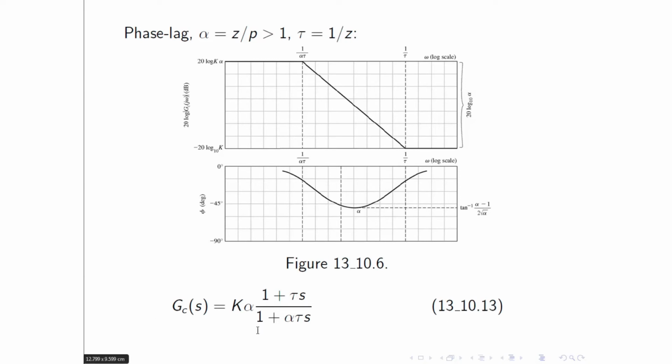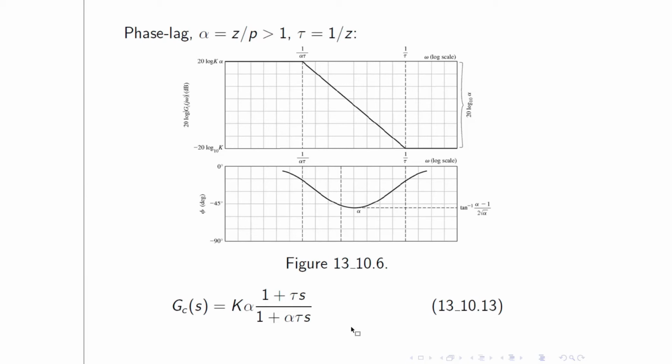I don't particularly like this definition because clearly in this definition the DC gain of the compensator is not 1 but k times alpha. If I take the limit here as s goes to 0, I'll be left with k alpha, and that's not 1 or 0 decibels. And because of that, I don't like this, and I'm also not going to use this equation in the procedure for designing the compensator. Actually, it's not going to be a new procedure. It's going to be exactly the same as before. I only introduced a new procedure for the phase lead compensator.